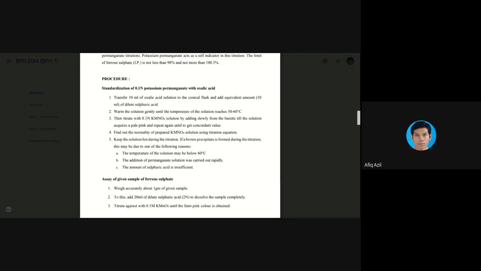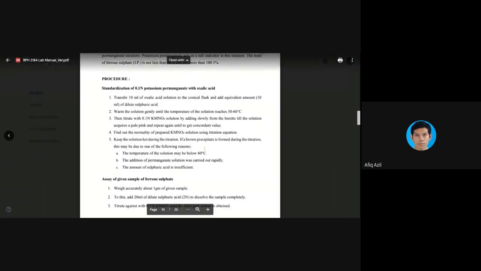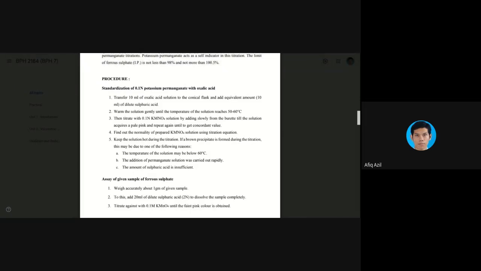And then you can titrate it with 0.1 N potassium permanganate until a pale pink color is obtained. For this titration, no external indicator is added, because this is an example of an internal indicator, in which the potassium permanganate itself is the indicator.